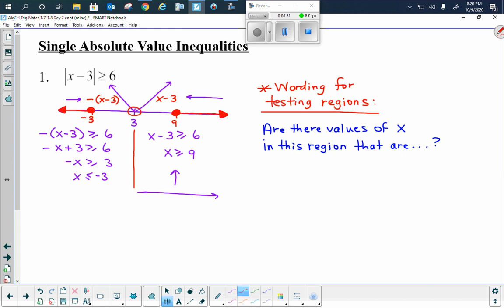So now I can depend on the number line as showing me my answers, which will, of course, be intervals. So x is from negative infinity to negative 3, including it, so a bracket, and from 9, including it, to infinity. Okay, there we go.